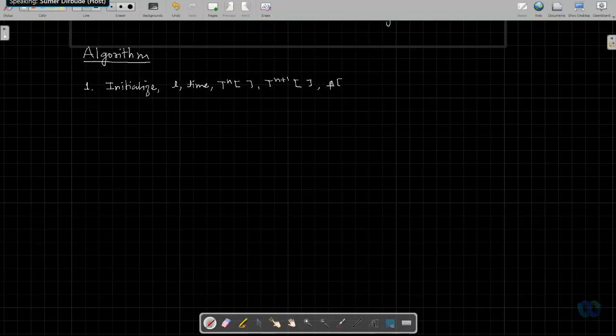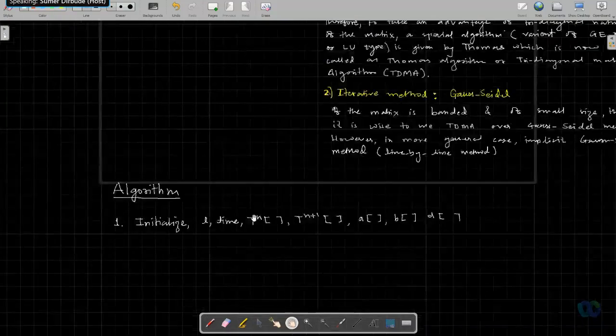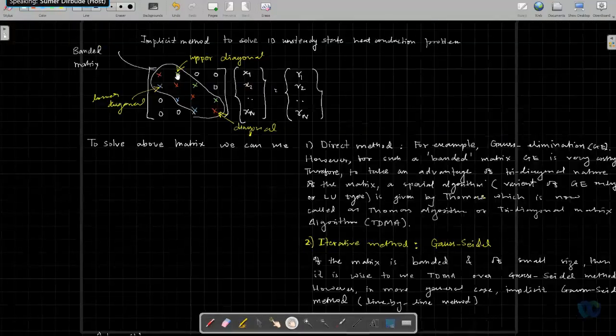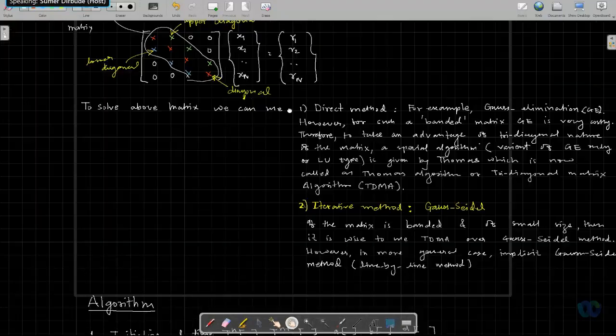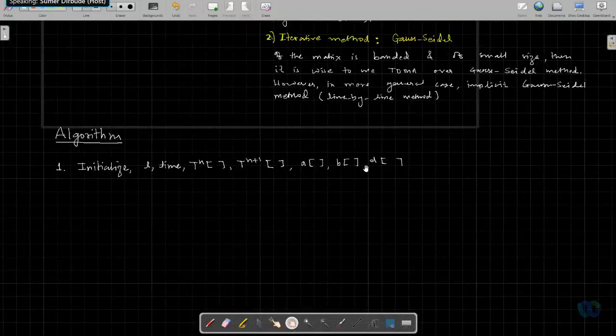I'm writing a for above, b for below diagonal elements, and d for diagonal elements. You will have to store these green elements in an a array, this red one in a d array, and this blue one in a b array.